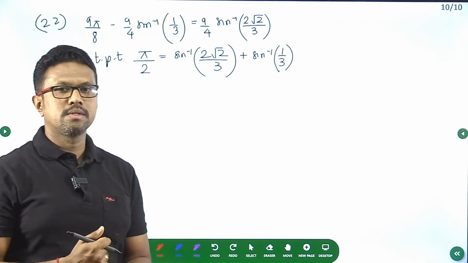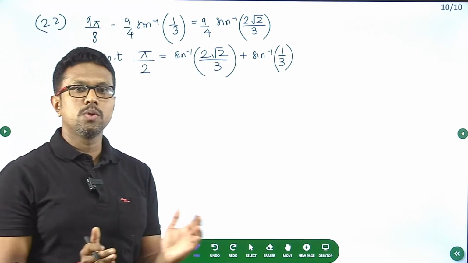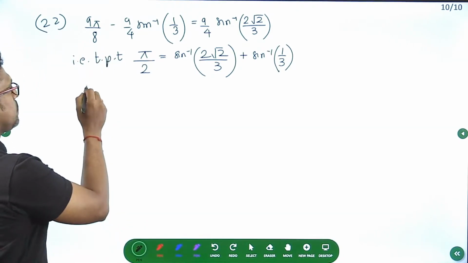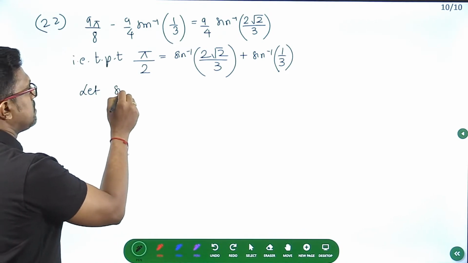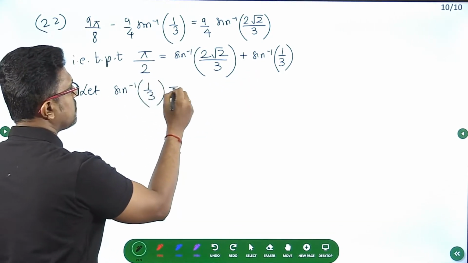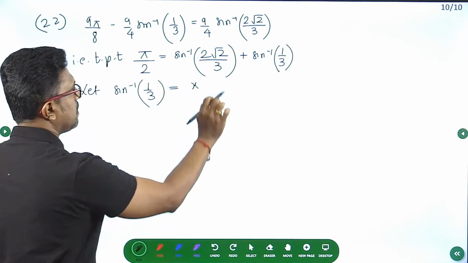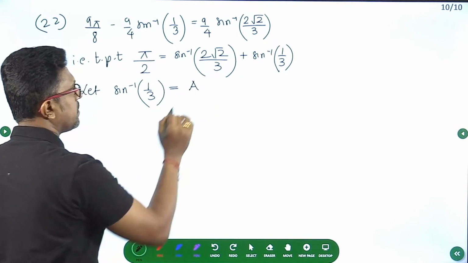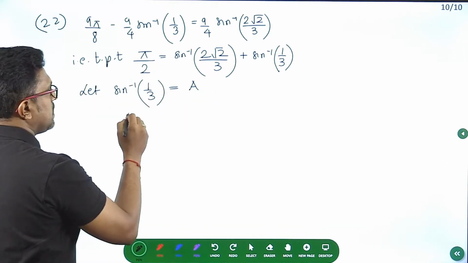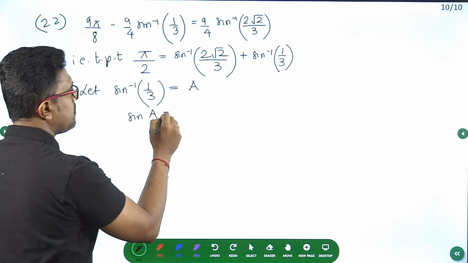So what I will do is convert one sine inverse into cos inverse. Let's say, suppose I am taking this value, sine inverse of 1 by 3 is equal to A. So sine inverse goes to the other side, I can say sine A will be 1 by 3.